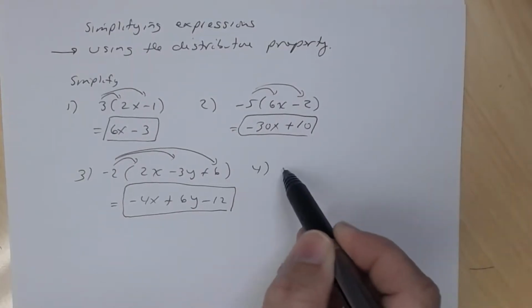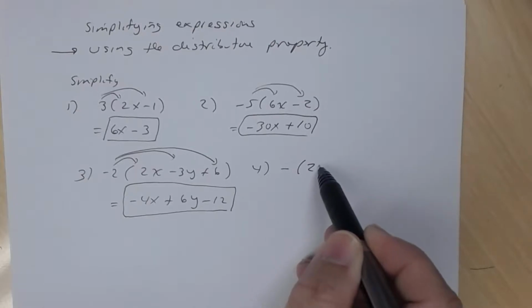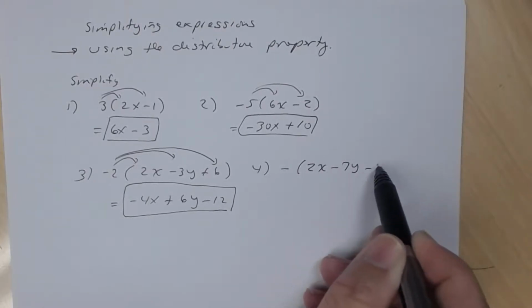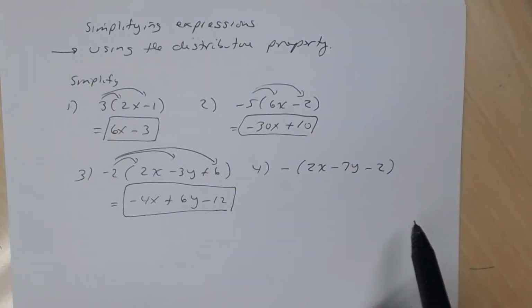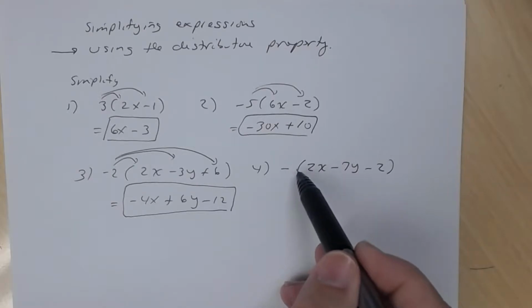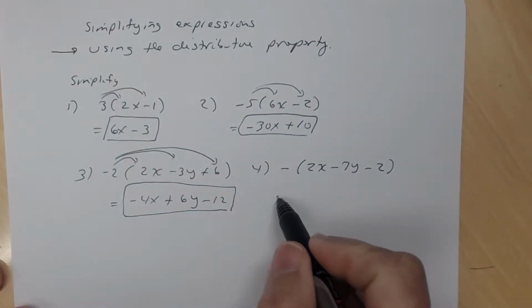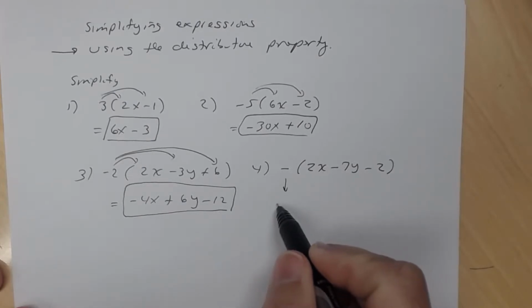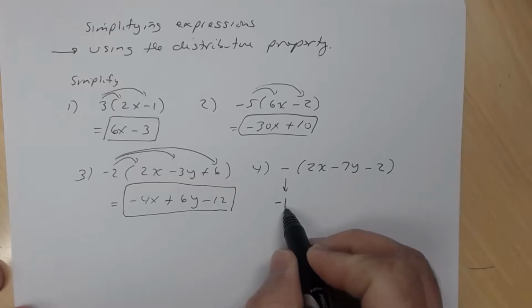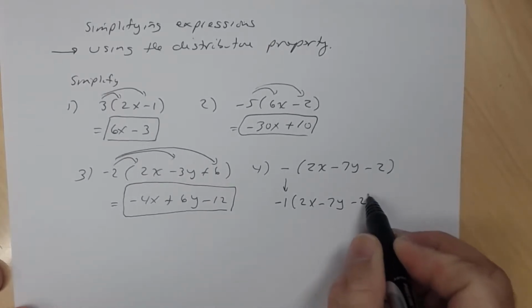All right, number 4, suppose we had something that looked like this: negative (2x minus 7y minus 2). Notice that if there's no number out in front, that's understood to be a negative 1. It's a good idea, as we go over the next few problems, to write this as negative 1 times (2x minus 7y minus 2).